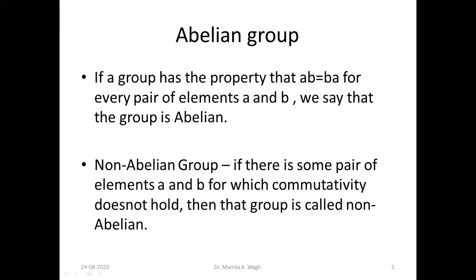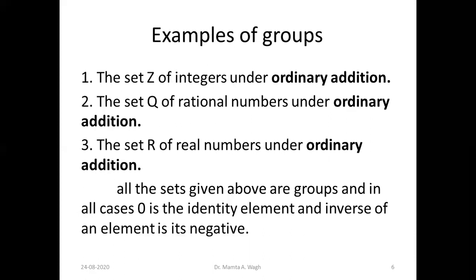If you can find some pair of elements A and B for which commutativity does not hold, that is, AB is not equal to BA for some A and B in G, then we say that the group is non-abelian. And if commutativity holds for every A and B in G, then the group is abelian. This is the difference between abelian and non-abelian groups.